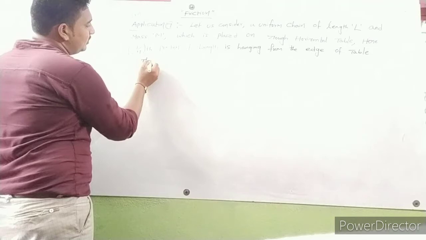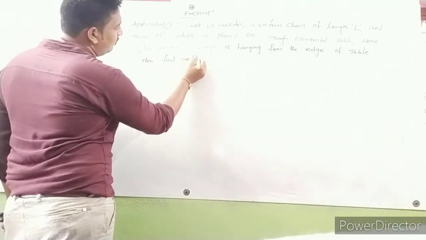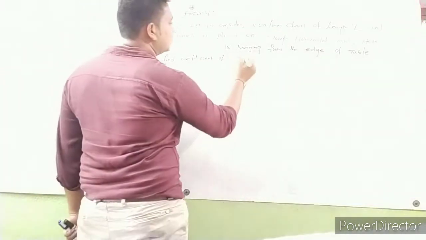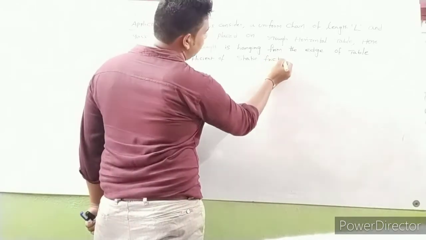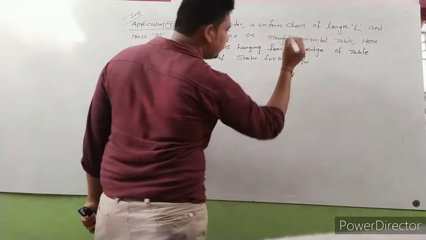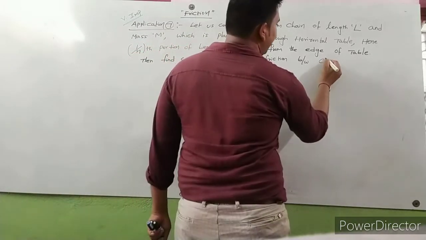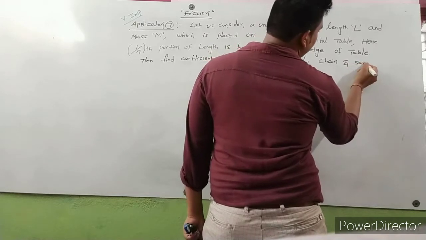Then find the coefficient of static friction between the chain and the surface of the table.